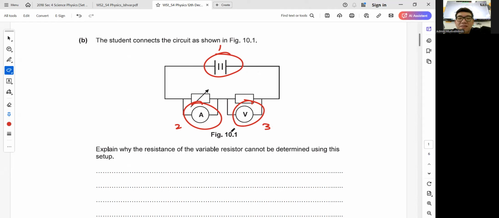Two of the mistakes. Hmm? Give me again. 1 circle is correct. 2 are mistakes. So the battery is fine. Okay. For the batteries to face this way is fine. Are you sure about that?